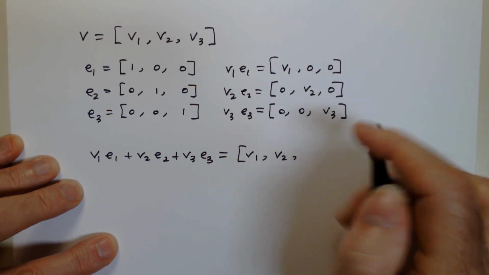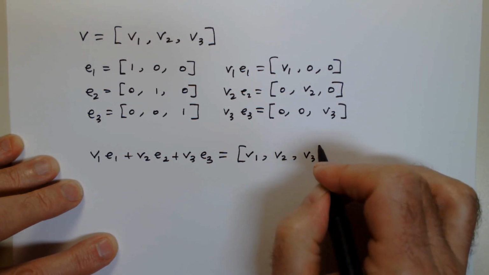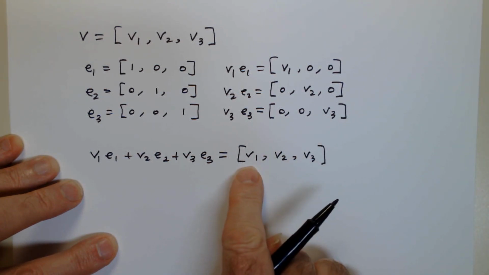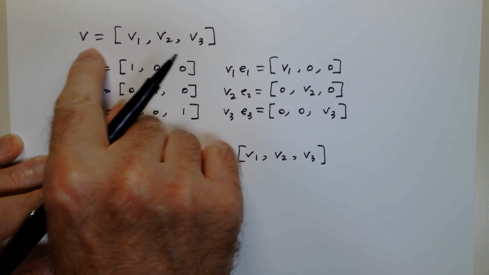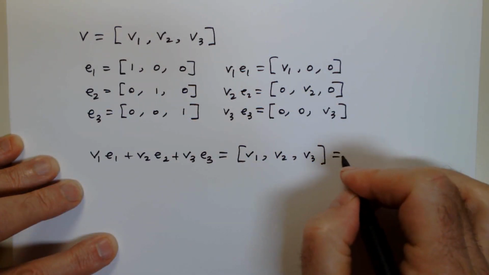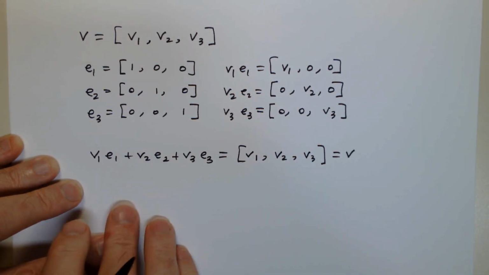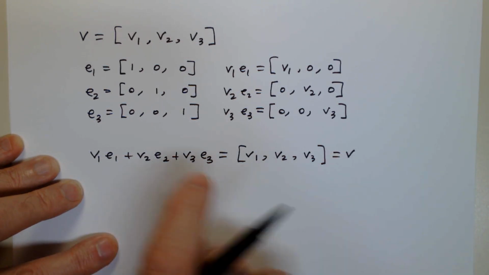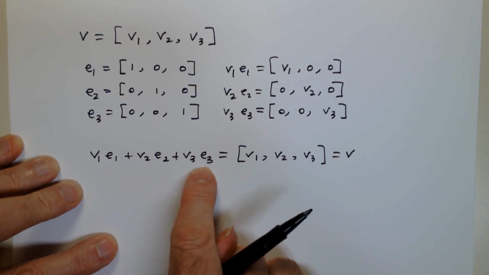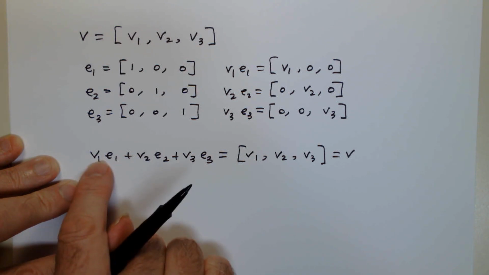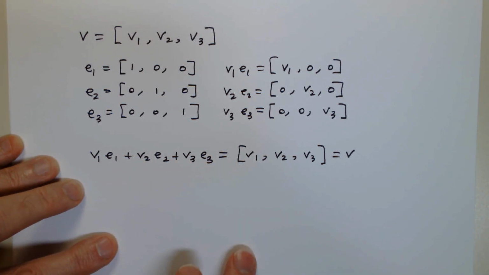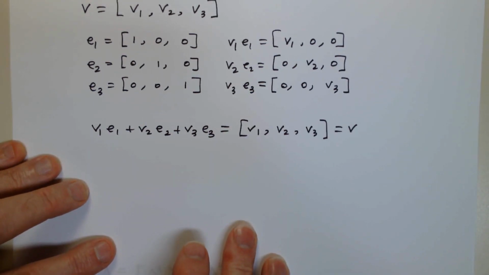And the third component of the resultant will be V3. But the vector with components V1, V2, and V3 is just the original vector V. And so what this is showing us is that this vector V can simply be written as a linear combination of the standard unit vectors. And this would apply in any dimension, right?